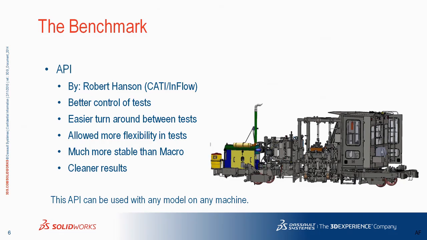Now we are able to do the test with or without the graphical manipulations, the panning and zooming and all that stuff, so we can test just pure calculative reactions to the software or to the changes that we've made. Also, it's much more stable than the macro, way more stable than the macro. Bob did a great job putting this thing together, and our results come out noticeably cleaner and easier to deal with.